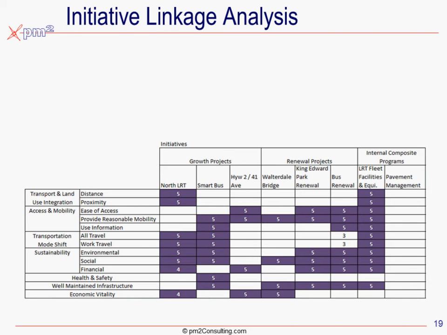Now, we learned a couple of things in this exercise. First off, we found out that it was easy to rate and rank the impact of projects against those objectives. Now, we only did a sampling of the projects, but we understand this could be extended for all projects. We also learned that each project impacts multiple objectives, or conversely, each objective has multiple projects that will support its ultimate success.